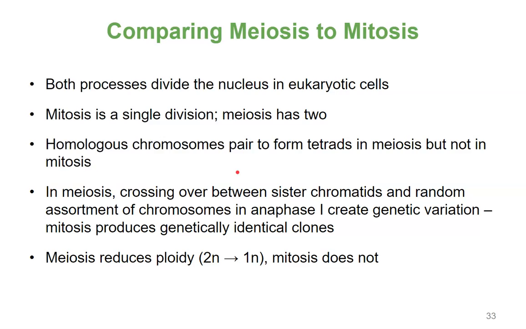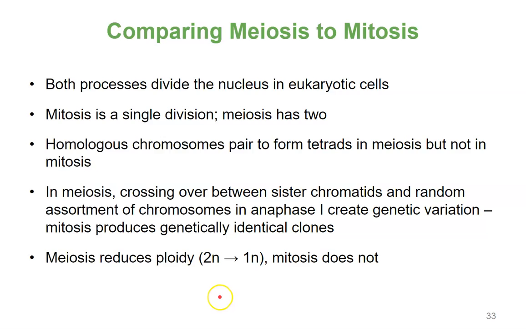Remember, we have that crossing over. So crossing over occurs. We have random assortment of chromosomes. Well, this should say metaphase 1. We have a random assortment, random alignment of chromosomes, and they're going to get sorted into random cells. So that's how our variation comes about.